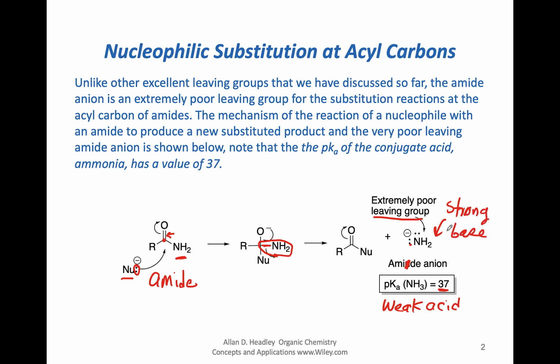And we have defined earlier that a good leaving group is a weak base, in other words, a species that can accommodate the negative charge. So this is an extremely poor leaving group. So this reaction here is not a feasible reaction as written.